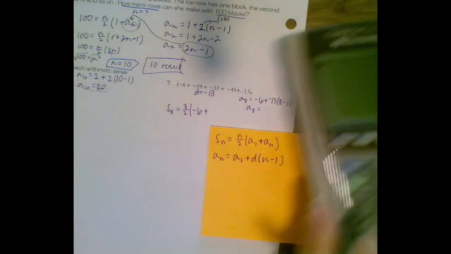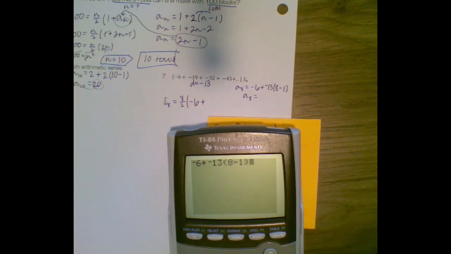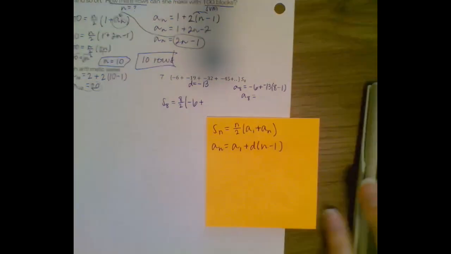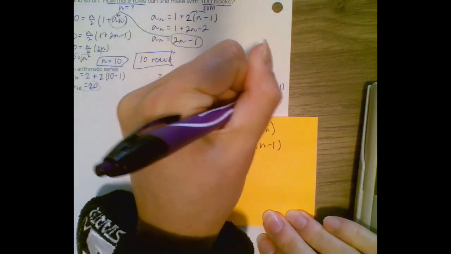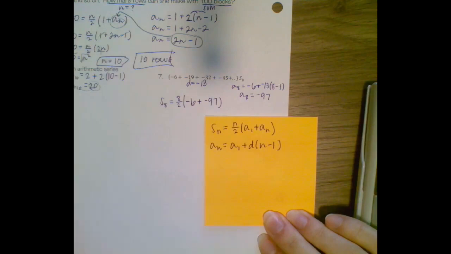So a sub 8 equals negative 6 plus negative 13 times 8 minus 1, negative 97. And that's the number I'm going to plug in there.